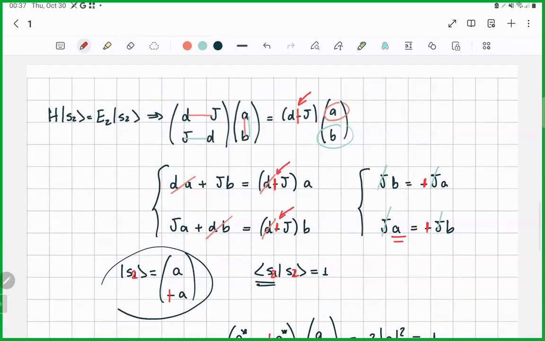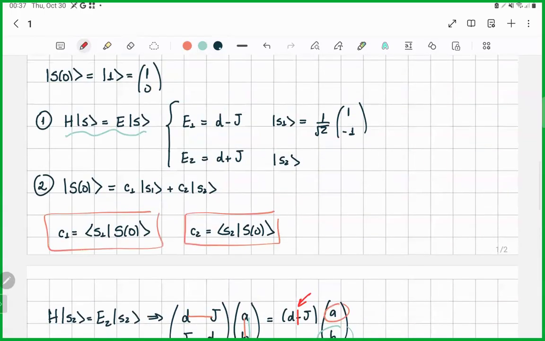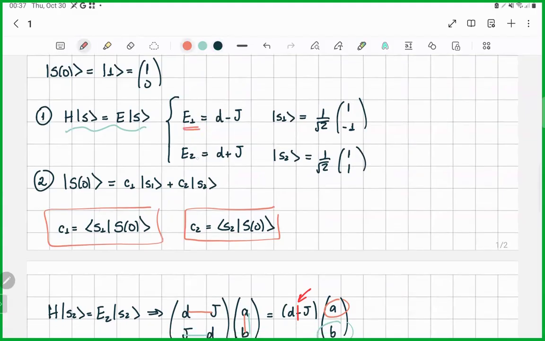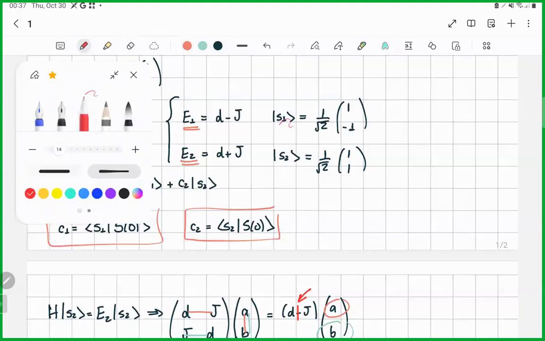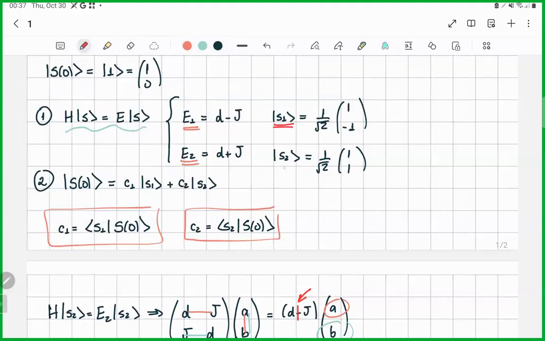Okay, so I'll come back and say, we are done. We found the eigenvalues, E1 and E2, and we found the corresponding eigenfunctions, S1 and S2.